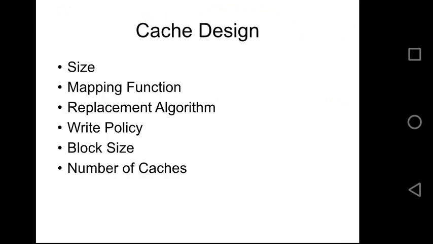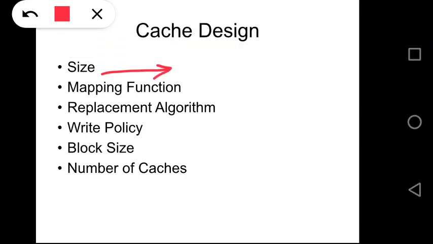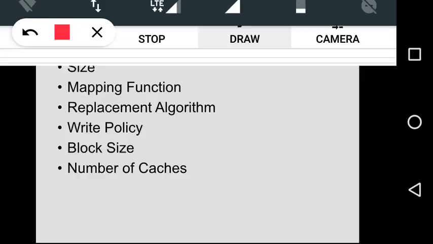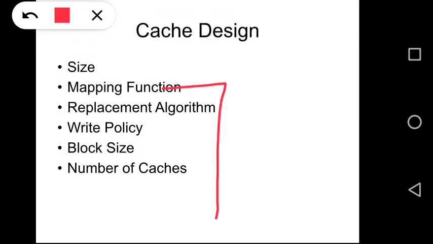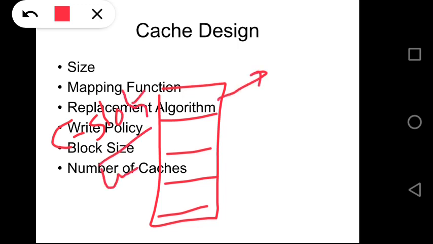First one, size. Of course, there are various factors, but we will take them one by one. Cache size. What is meant by cache size? Any guess? You are saying cache is divided into C slots or C lines. What is a slot? A slot contains k words.